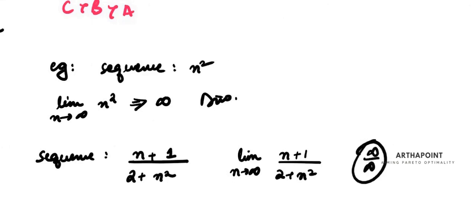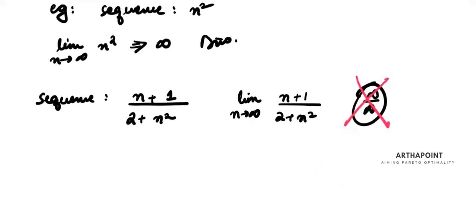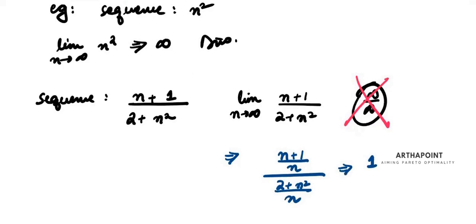Usually we don't do that in limits. So you divide both numerator and denominator by n. You will have n plus 1 by n upon 2 plus n square by n. You will get 1 plus 1 by n upon 2 by n plus.